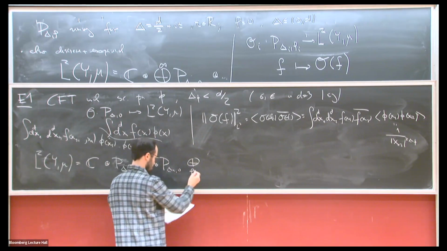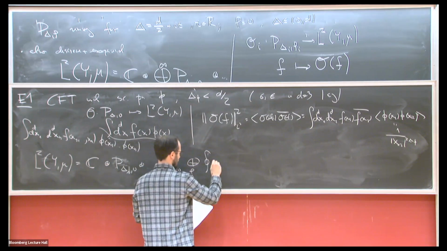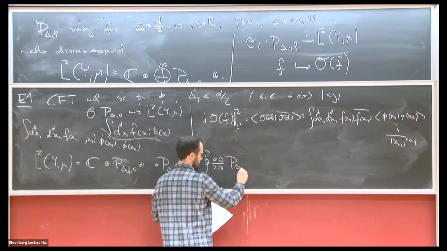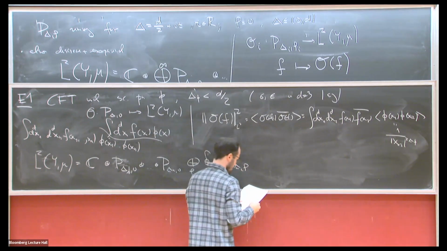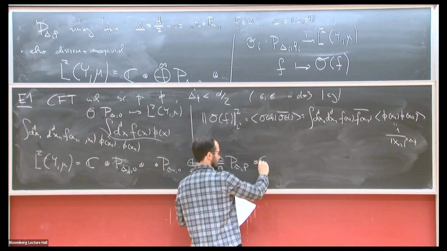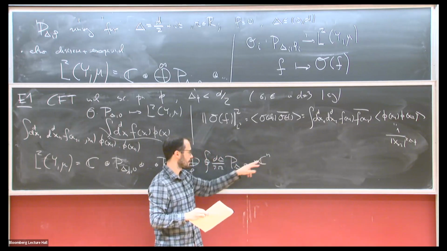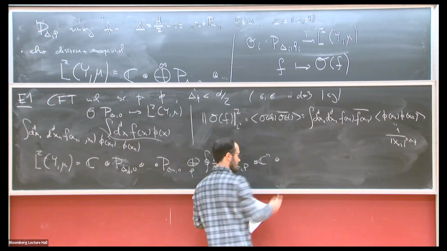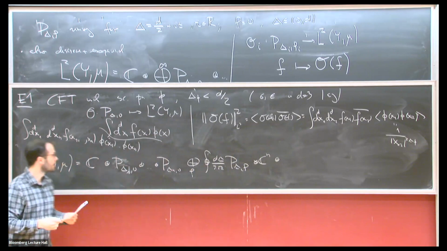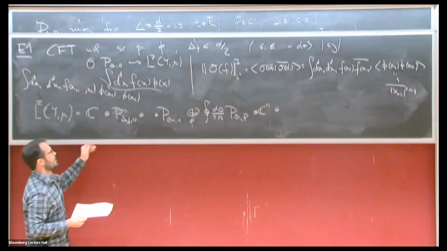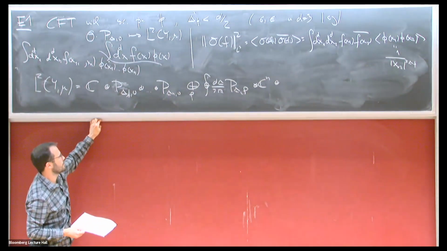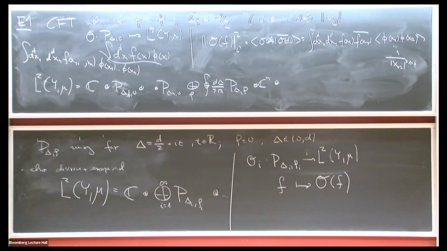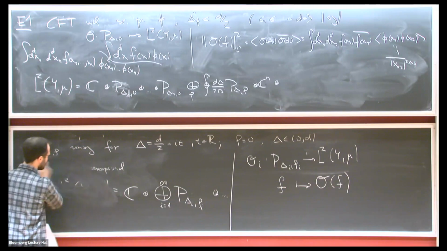So you should sum over the spins and integrate over the principal series. There could also be some degeneracy on the principal series, so that's tensoring with a power of the trivial representation, plus dot dot dot from the exceptional and discrete series, which I don't want to talk about today. This can be made super concrete for the only CFT that we understand in general dimension, which is the free manifold theory.